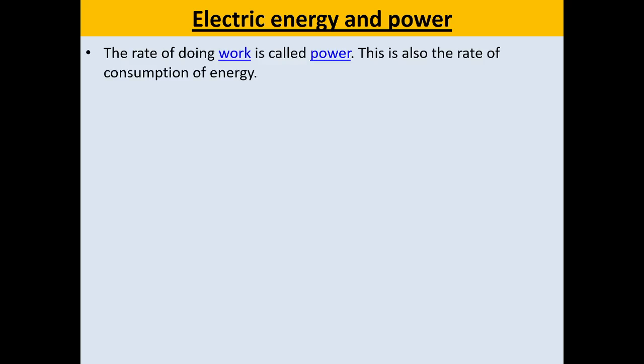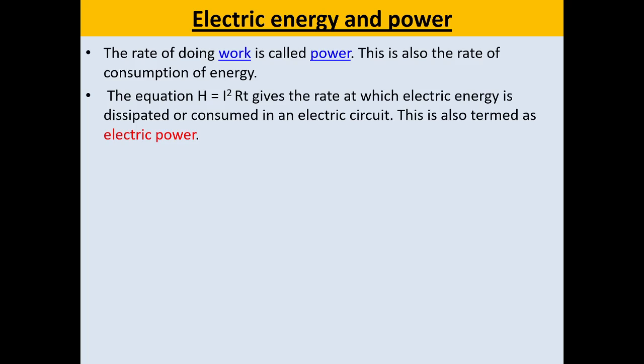Electric energy and power. Generally we define power as the rate of doing work, and this is also the rate of consumption of energy. We have the equation H is equal to I square RT. It gives the rate at which electric energy is dissipated or consumed in an electric circuit. This is termed as electric power.